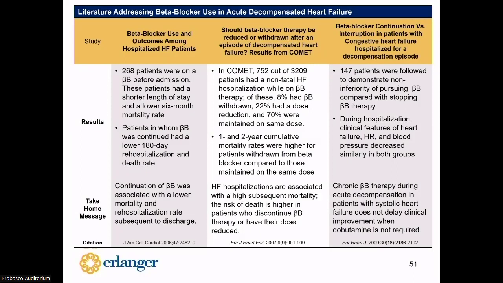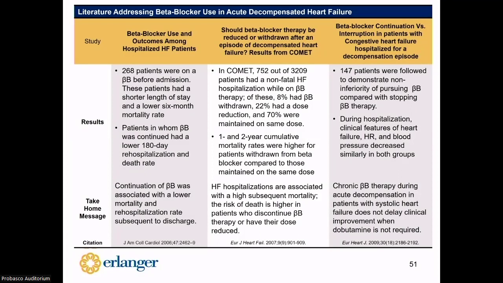The next study is the results from the COMET trial, a secondary analysis of it, that looked at 752 patients out of the slightly over 3,000 patients who had a non-fatal heart failure hospitalization while on beta blocker therapy, and found that 8% had the beta blocker withdrawal, 22% had a dose reduction, and 70% were maintained on the same dose.